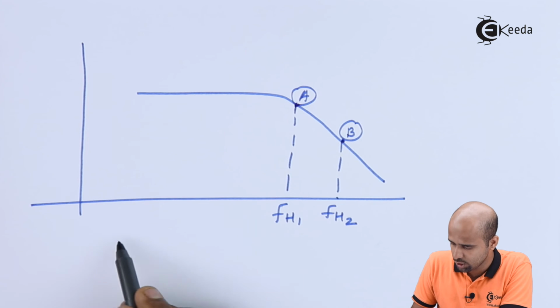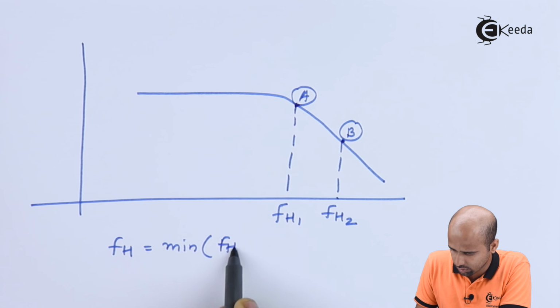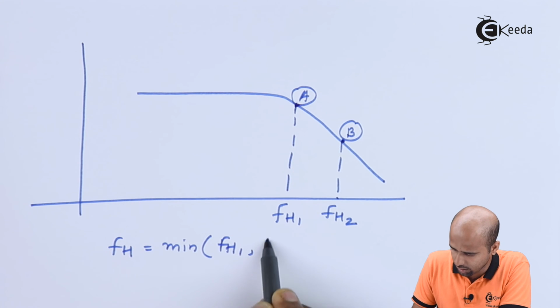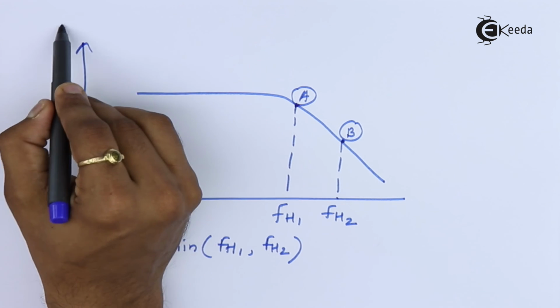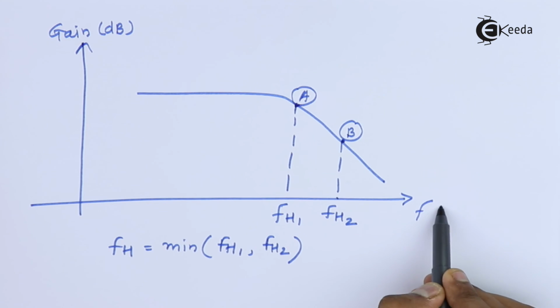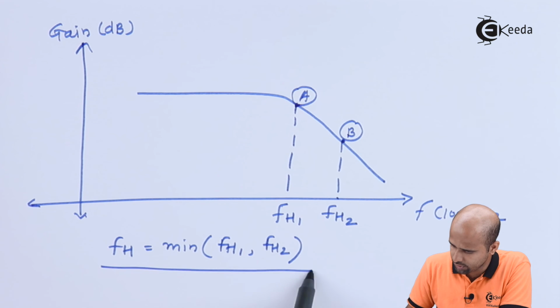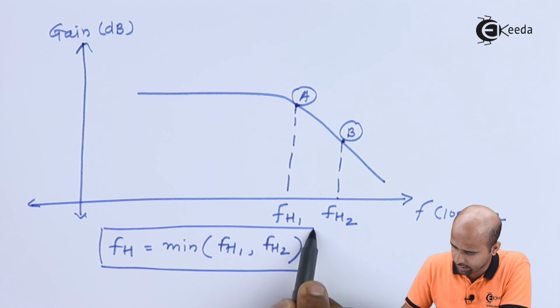So that is why your value of FH should be the minimum of FH1 comma FH2. So this should be your final answer.